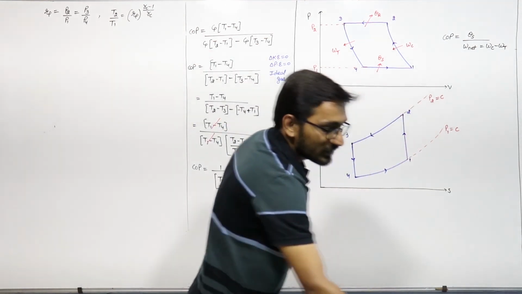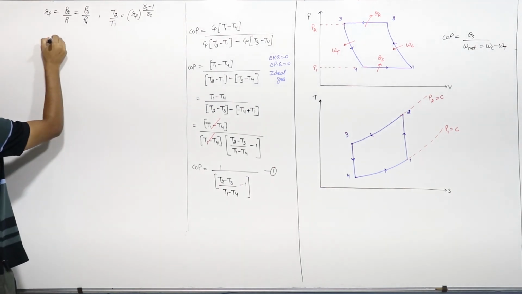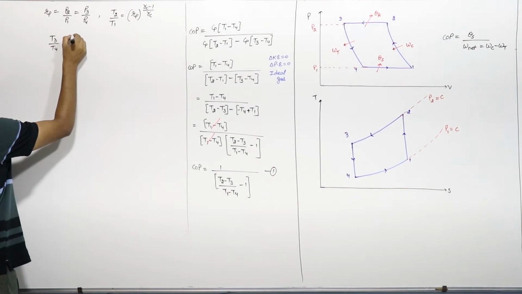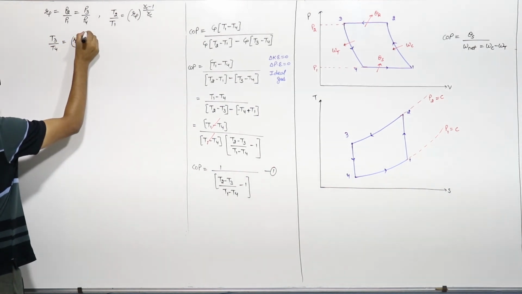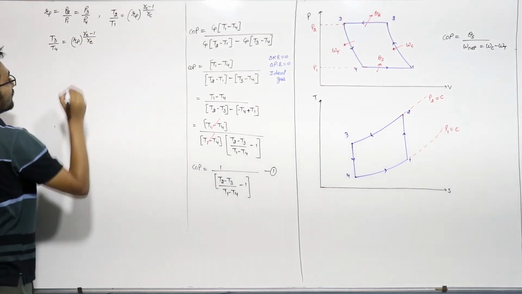And for the process 3 to 4, T3 by T4 will be equal to the pressure ratio raised to power (gamma of expansion minus 1) upon gamma of expansion.